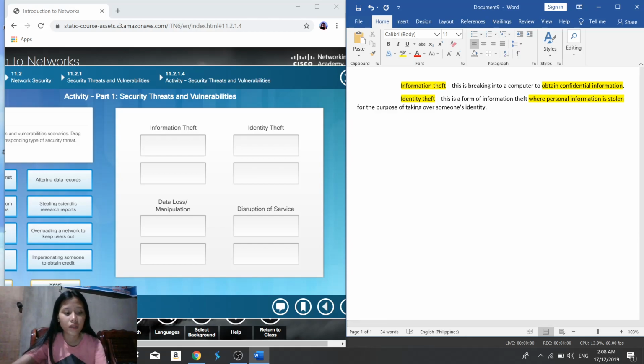And now we have data loss or manipulation. This is again breaking into a computer to destroy or alter data records.